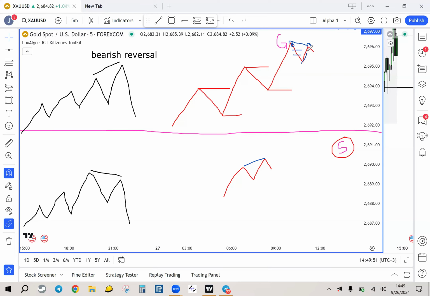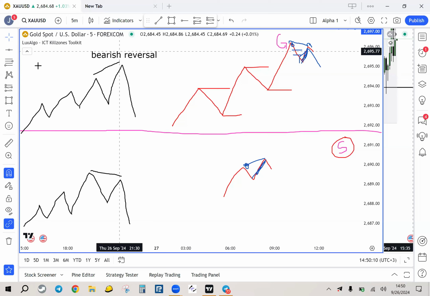Gold will retrace up into the fair value gap without going higher, therefore it's going to make a lower high, okay? Silver, during that push to the upside that gold makes into the fair value gap, will create a higher high. Let's say this high is 745 on gold, and 745 on silver.